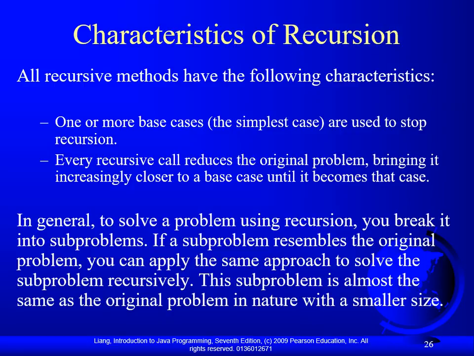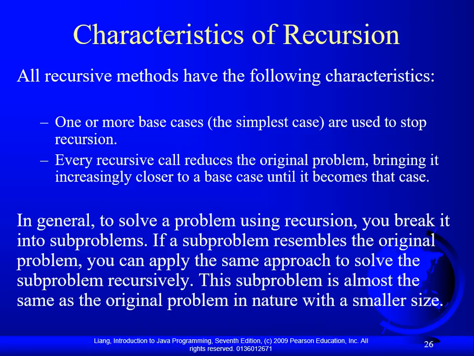So this is a little summary of what we already discussed, the characteristics of recursion. Okay? Our recursive methods have the following characteristics. One or more base cases: the simplest case, you try to do as simple as you can. These base cases are used to stop the recursion.